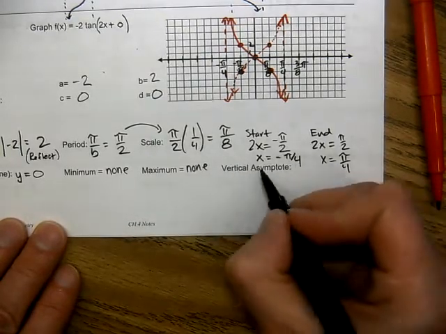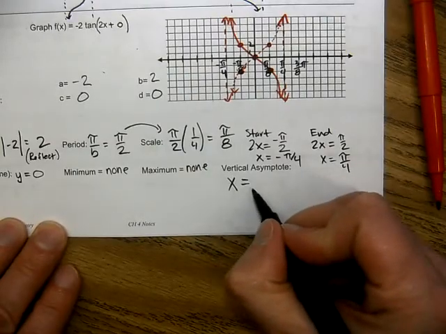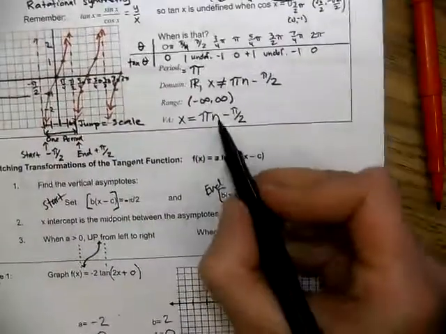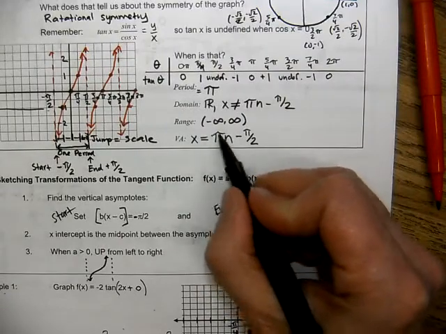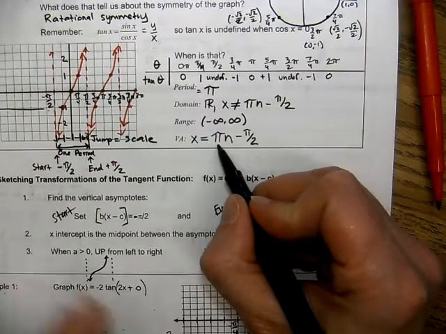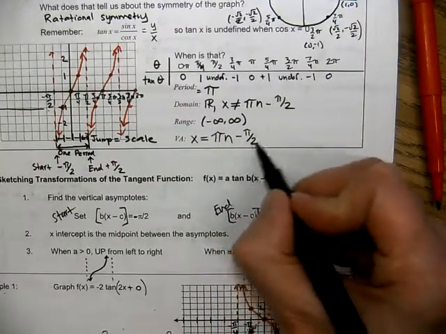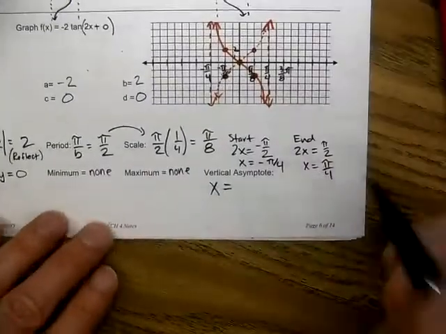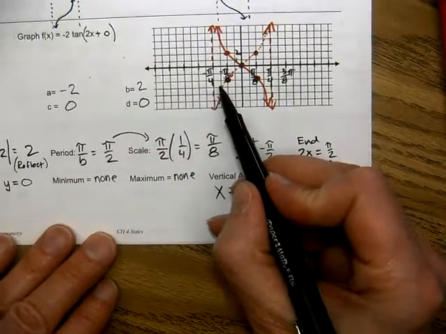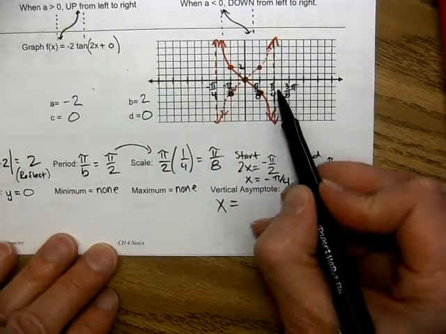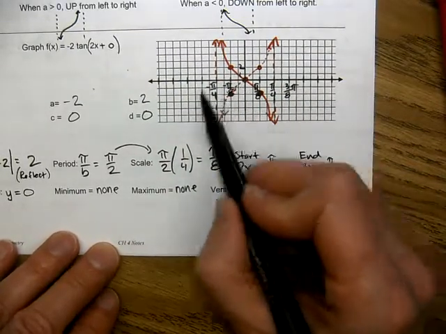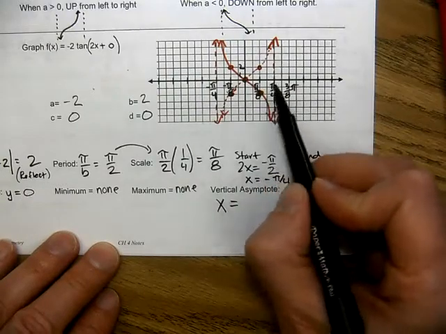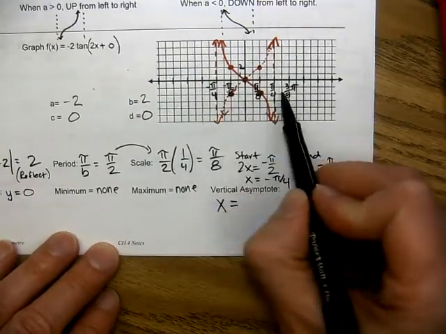But let's talk about the vertical asymptote. So again, there's two parts. The first part has to do with the interval. How far is it from one to the next? And then this is where we're starting. All right, so how far are we going from one to the next? We're going from a negative pi over 4 to a positive pi over 4. So 1/4 pi plus another 1/4 pi adds up to a grand total of 2/4 pi.